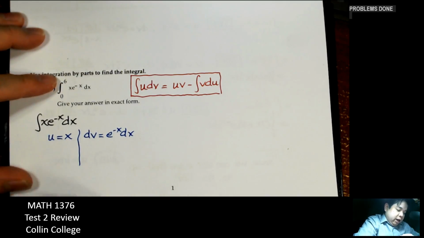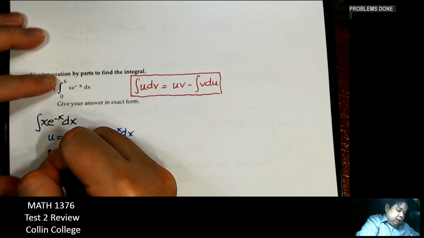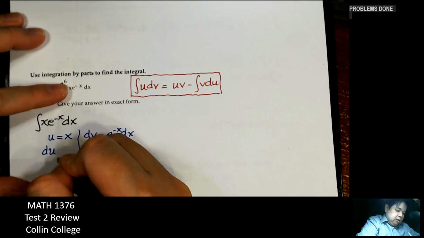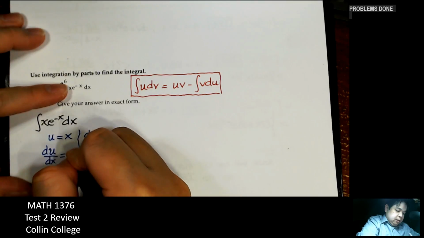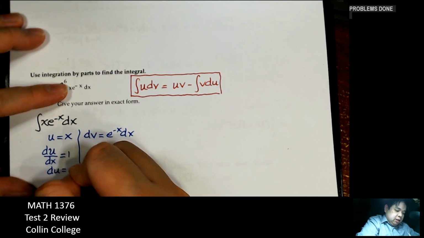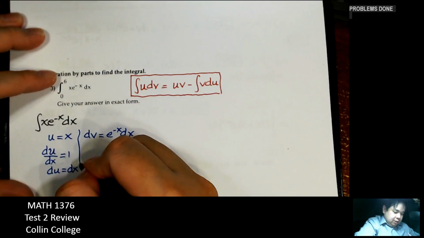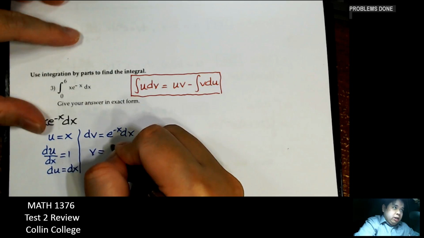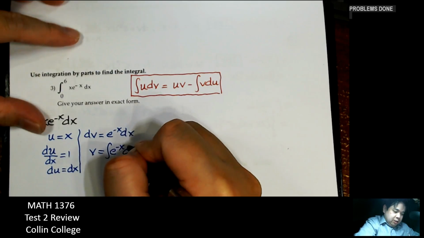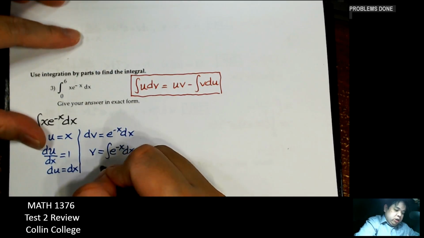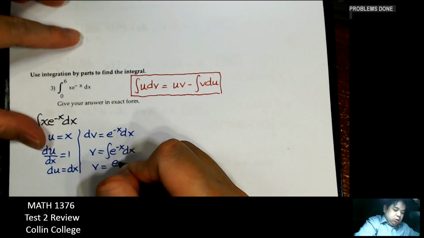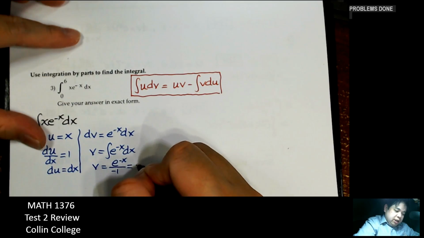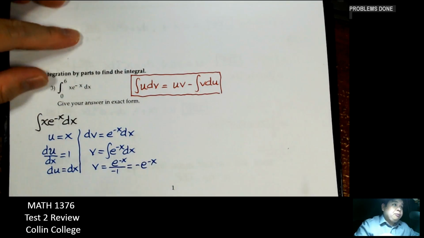Right, and then we have derivative. So du is dx. And to get back to v, we'll integrate, which is e to negative x over negative 1, or just negative e to the negative x.